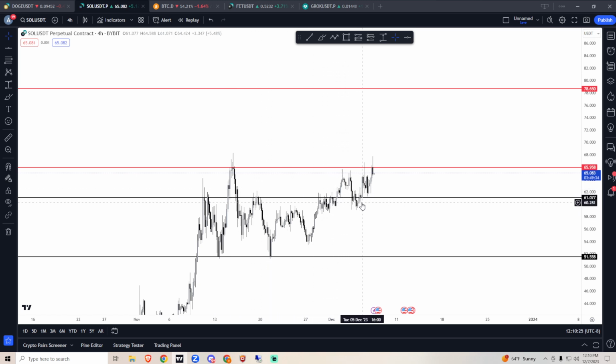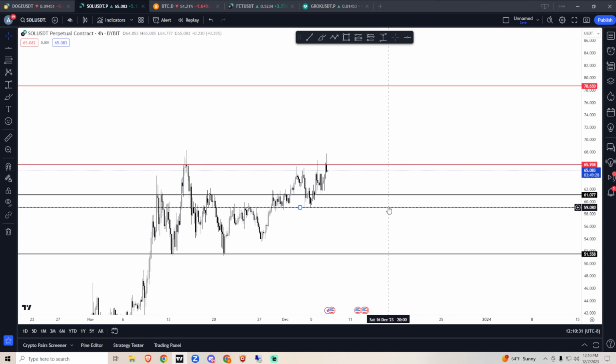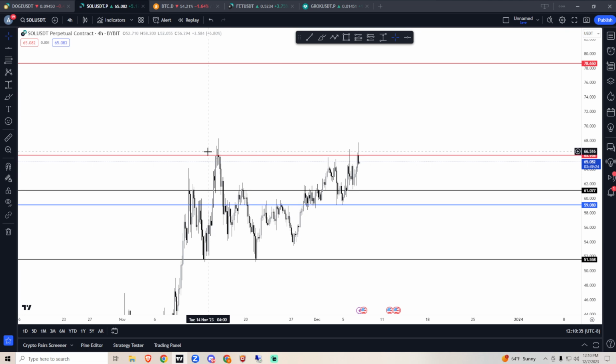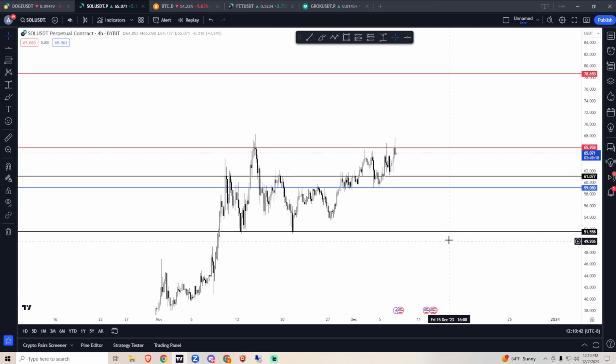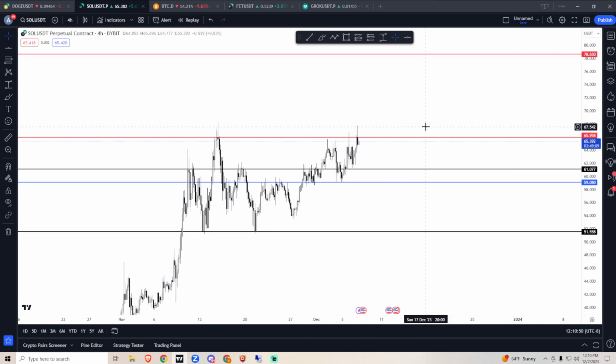And then we broke out, we flipped it to support. So this is support, and this is going to be your mid-range. Let's make the mid-range blue. Okay, so here is your range highs, here is your range low support, and this is your mid-range. Okay, so this is also support. We've been having bounces from this area, so this is a bounce point if we do get to it.